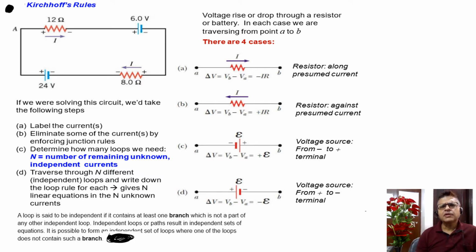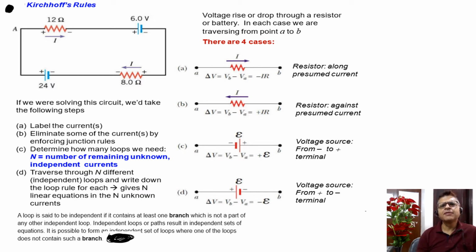But the strategy of loop selection should be that the number of assumed currents in the branches, for example, if you have assumed I1, I2, I3, 3 currents in total are sufficient to label the current in each branch, then you should have 3 independent loops on which you apply Kirchoff's voltage law.